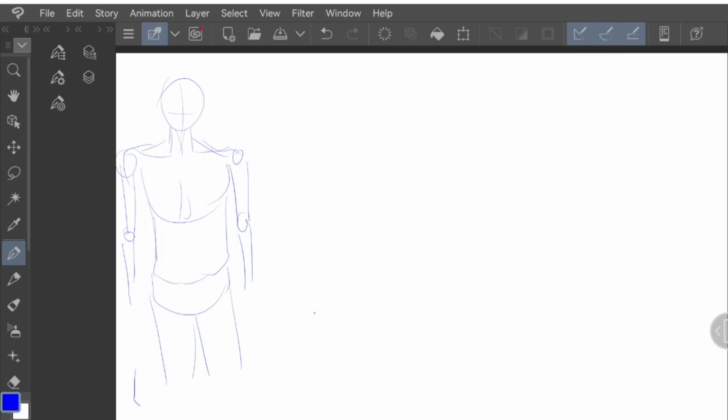Now technically it's not wrong, since you're really trying to figure out the human anatomy, but you can't really make poses with this, now can you? If you're just drawing this every time you draw a human, it gets stale, it gets boring, it's not fun.